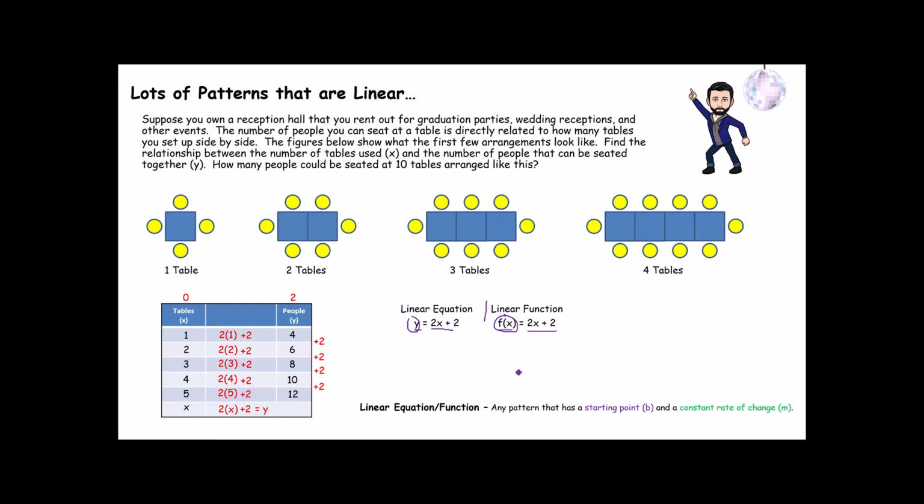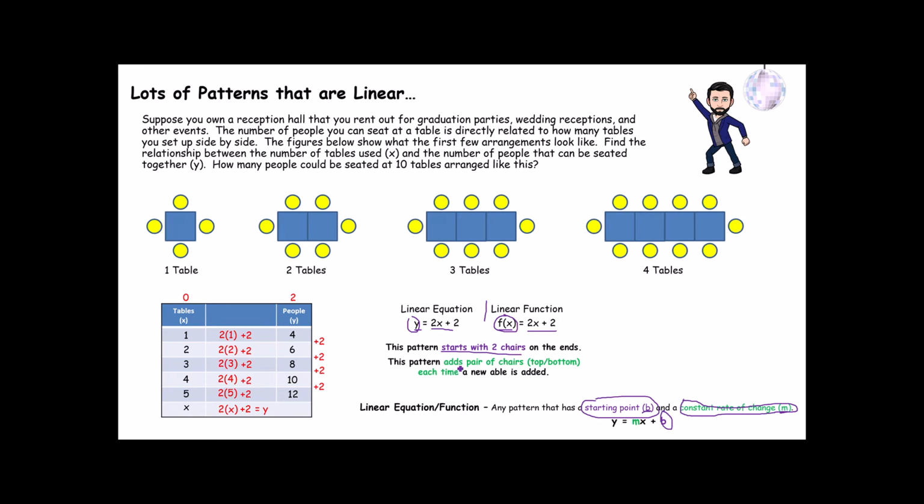But a linear equation or a function always has some initial starting value and some constant rate of change. Notice we assign that starting value the variable b and the rate of change we call m. In this particular problem, this pattern starts with the 2 chairs on the end. That is our b.